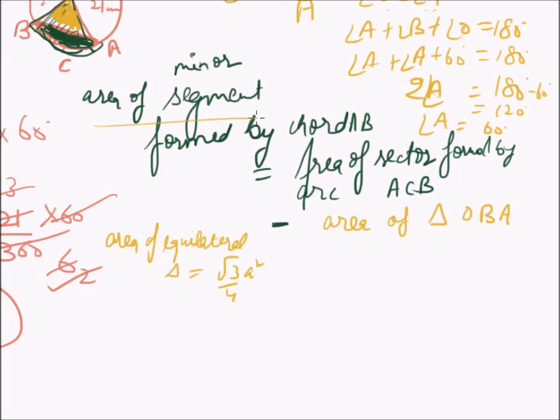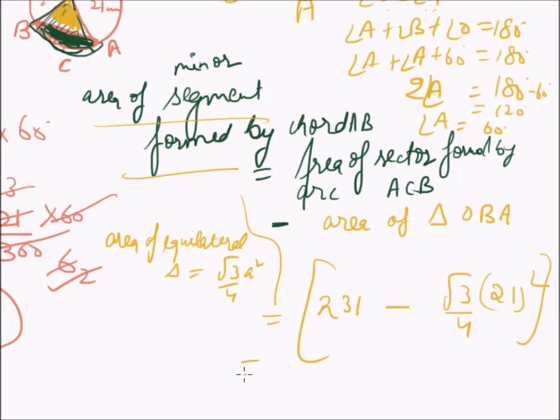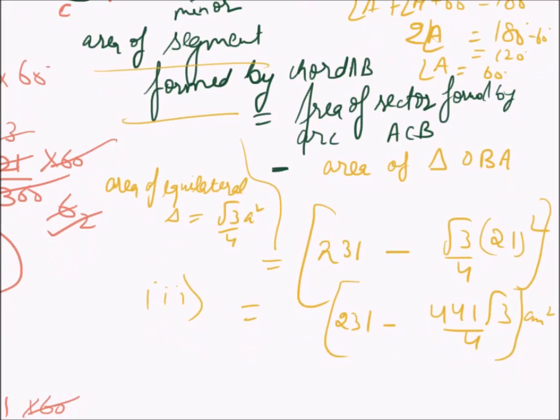Thus the area of minor segment will be equal to area of sector, that is calculated as 231 minus under root 3 by 4 side, which is 21 square. So it is 231 minus 441 under root 3 by 4 centimeter squares. So this is the third part which was needed to be calculated.